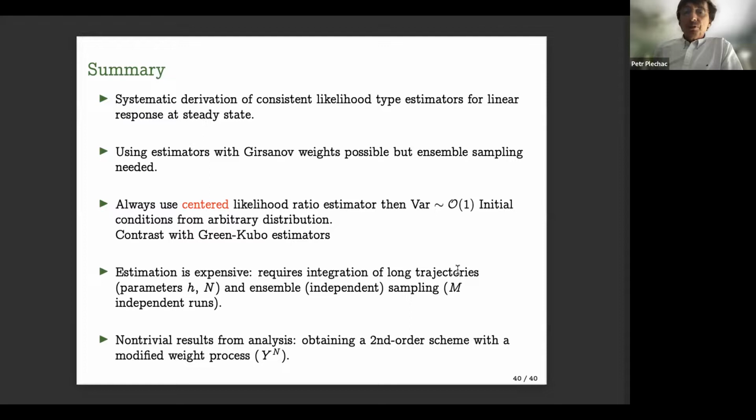So that's important for the case of estimating these sensitivity indices with respect to the stationary distributions.